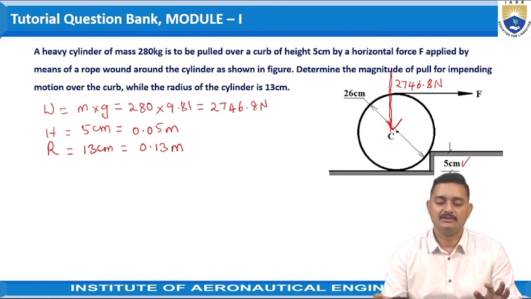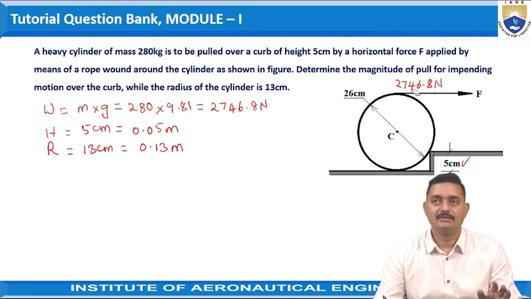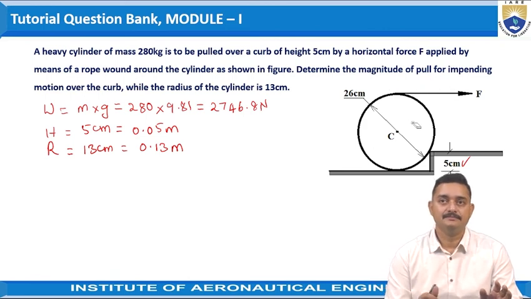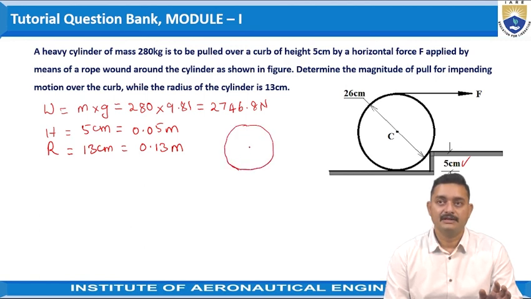Now, let us draw the free body diagram of this given figure. This is the cylinder, and the distance from the center, the radius, is given. This is the contact point where the reaction will be taking place. Let us take this point as A, and the reaction would be RA.